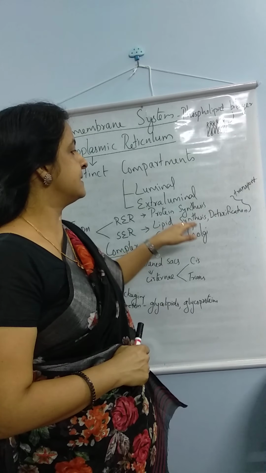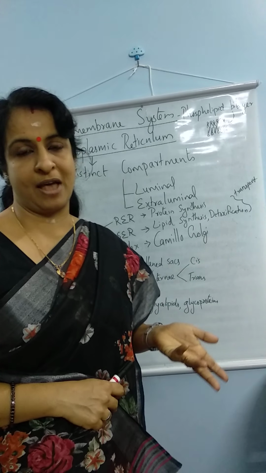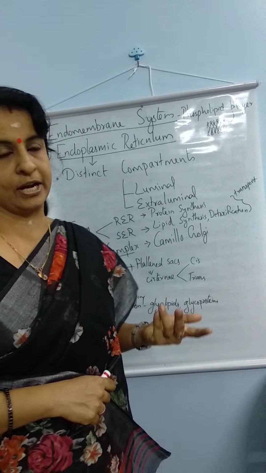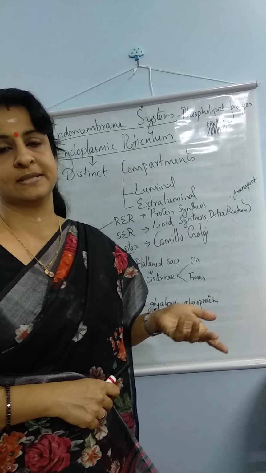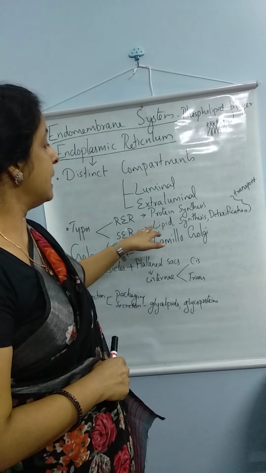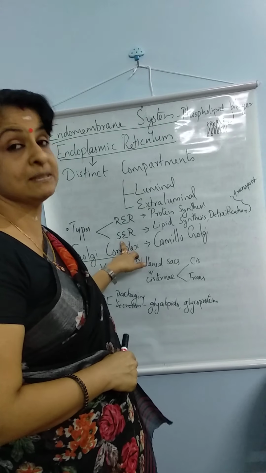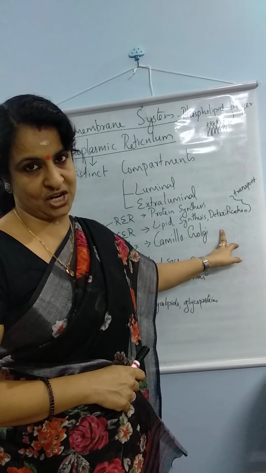From this lipid synthesis and from cholesterol, various different types of hormones are formed. Steroid hormones are examples, like estrogen and androgens. All these are steroid hormones, means hormones which are derived from cholesterol. So lipid synthesis is the main function of smooth endoplasmic reticulum. They also help in detoxification.